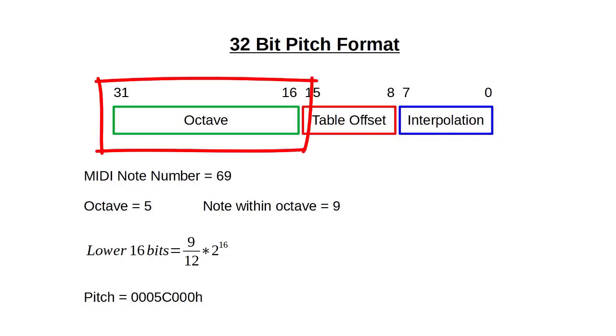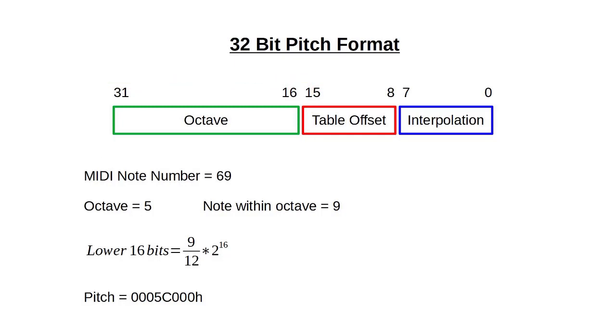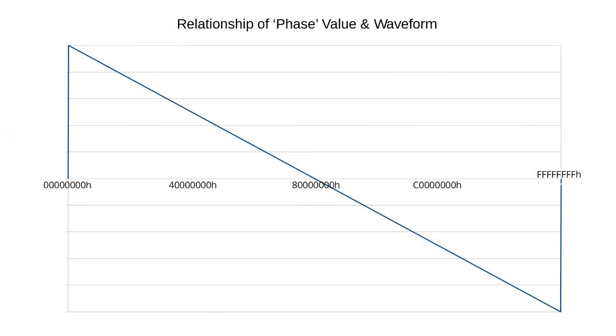The top 16 bits give the octave, though this will only actually ever go up to 10 or so. Our table will be 256 entries long, and we will use interpolation again to achieve the accuracy we want. So bits 8 to 15 give the position within the lookup table, and bits 0 to 7 give the interpolation value.